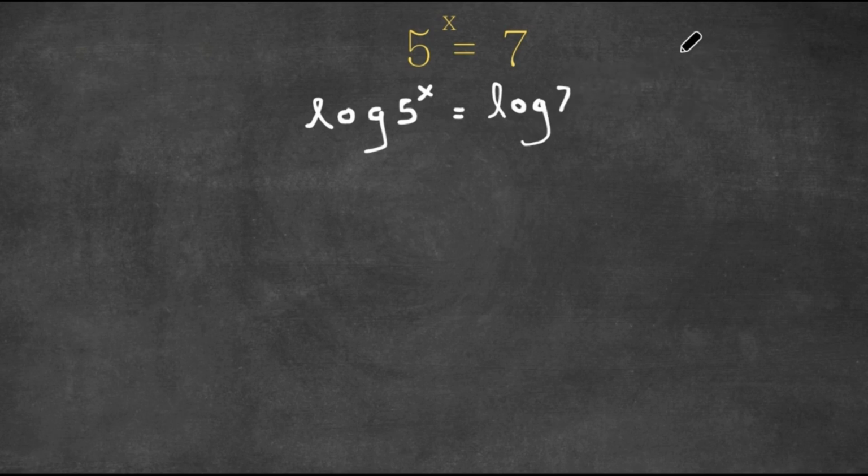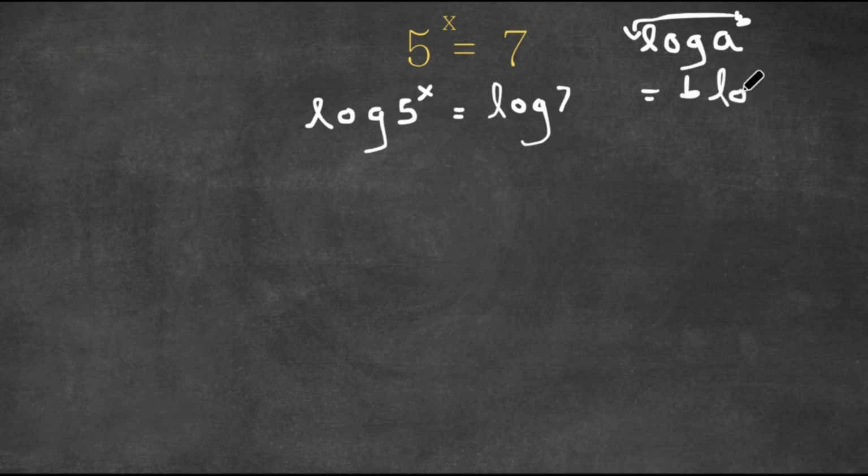Now, an important property of logarithms is, let's say we have log a to the power of b. The power property of logarithms states that we can actually move this exponent here, b, to the front of the logarithm. So then this would equal b times log a.